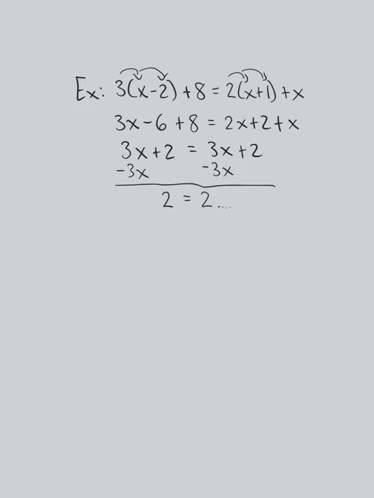Now, what's the deal here? 2 does equal 2. So that is a true statement, right? And so what happened here is that my variable dropped out, and we got a true statement.